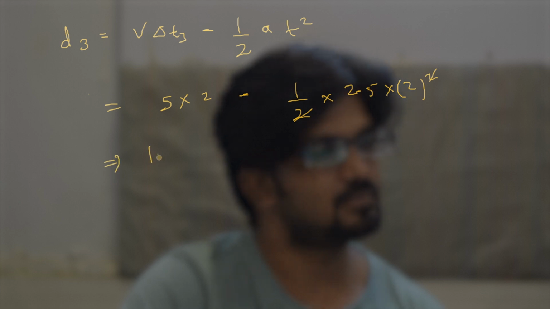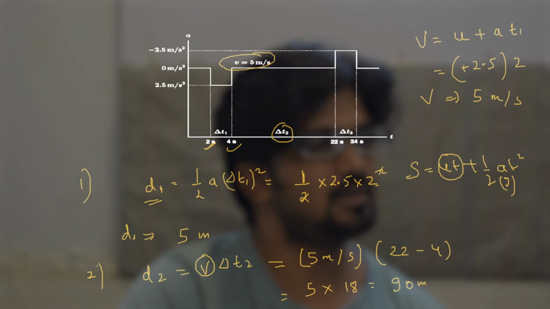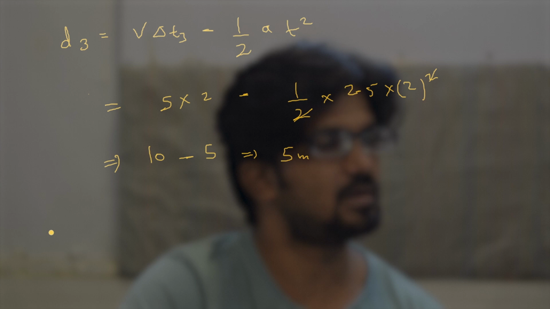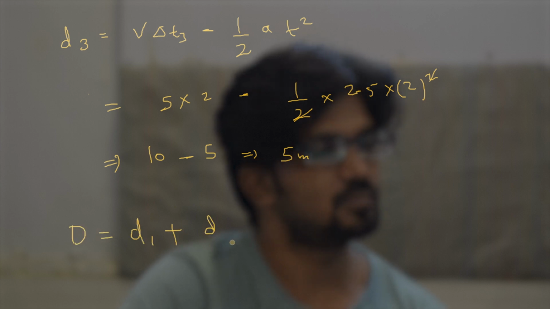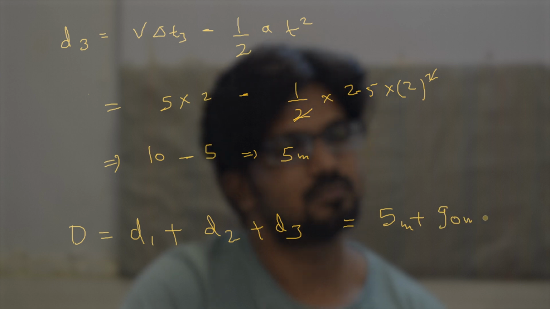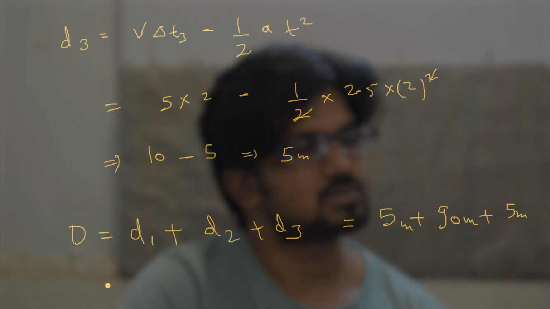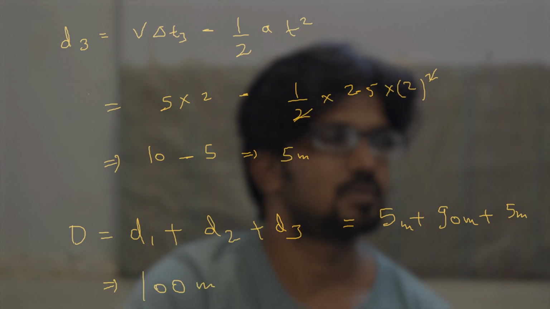So it would be 10 minus 5, which is 5 meters. Clubbing all of them, we add d1, d2 and d3. So the total distance comes out to be 5 meters plus 90 meters plus 5 meters. How tall is the building that we have found? That would be 100 meters. So option C would be the correct answer. Thank you.